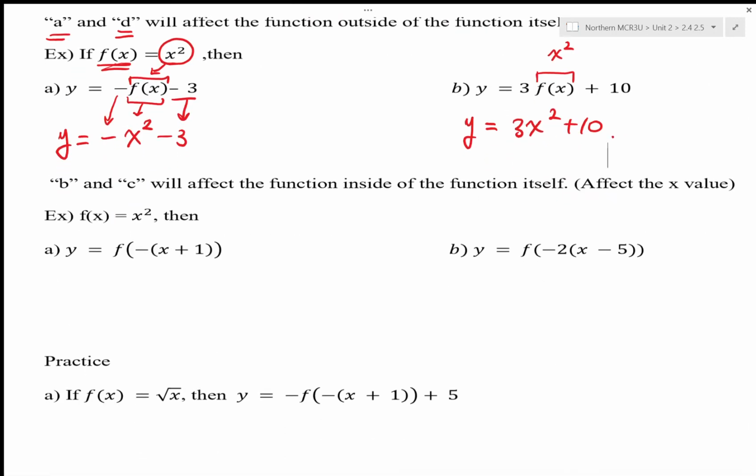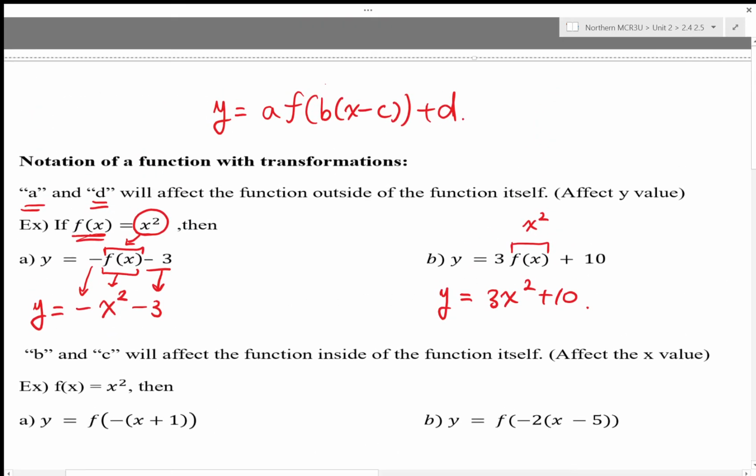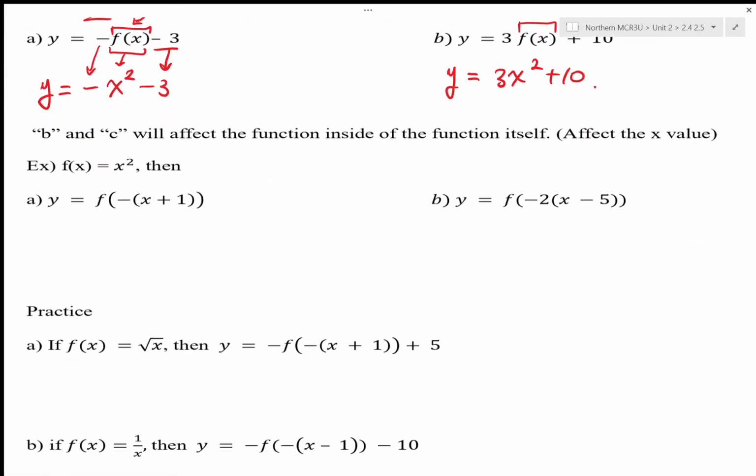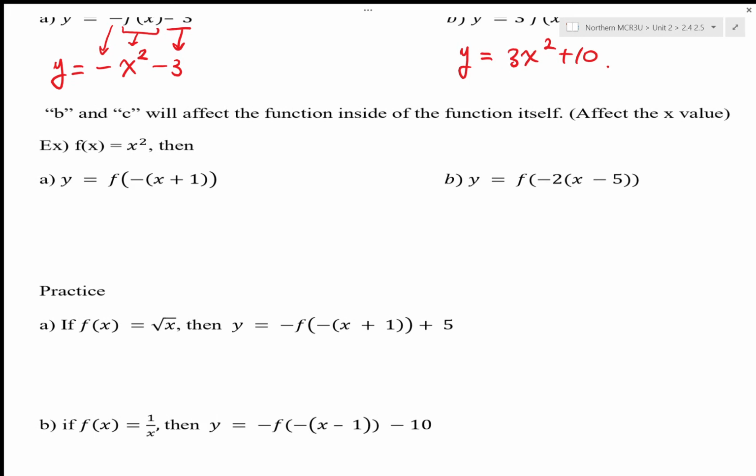Now then b and c, which are the values inside of the function that impact x directly, is a little more confusing, so you may want to pay attention to this, okay? So then y equals, now remember, f of x is x squared. So if I put f of p, then this becomes p squared.